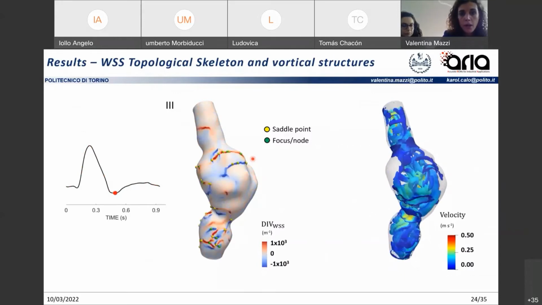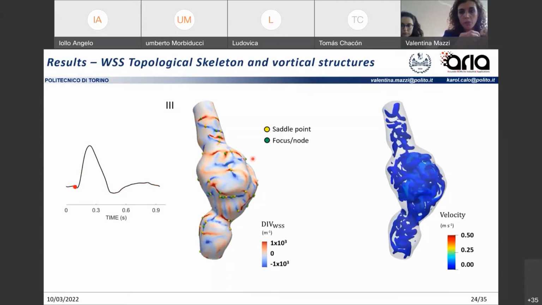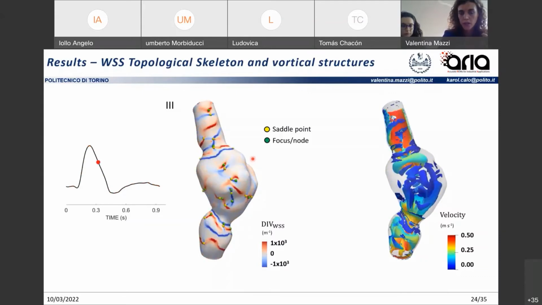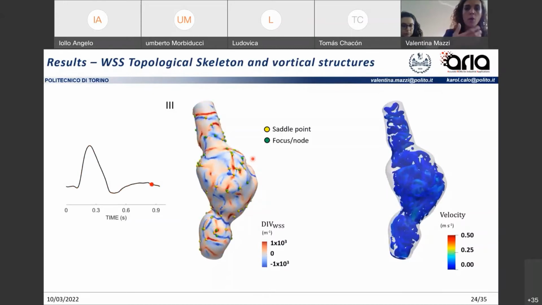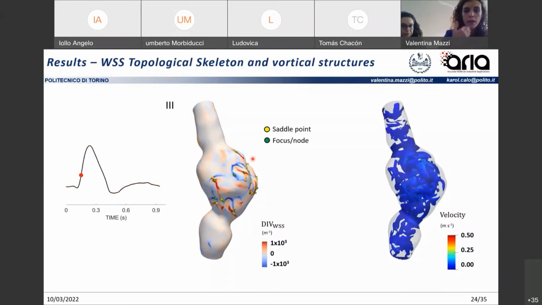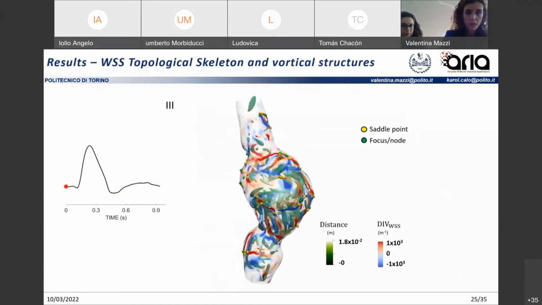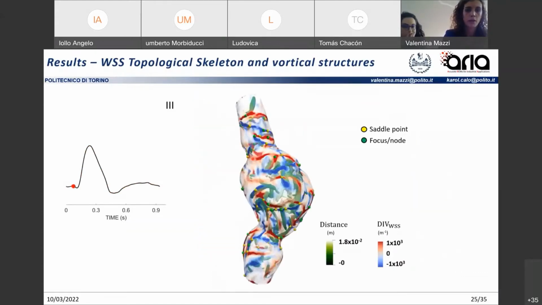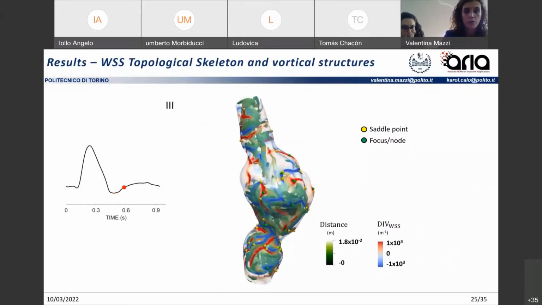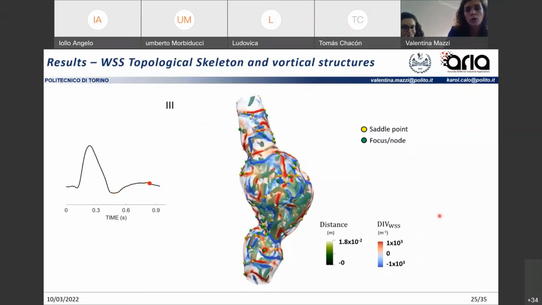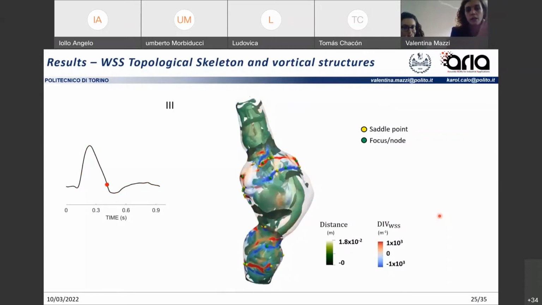We can appreciate the presence of contraction and expansion regions of wall shear stress and the wall shear stress fixed points on the luminal surface where the rotating blood flow structures interact with the wall. Moreover, we can color the vortical structures by the distance from the luminal surface to better appreciate the rotating blood flow structures near the wall.